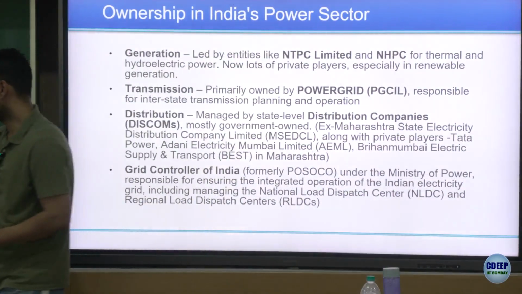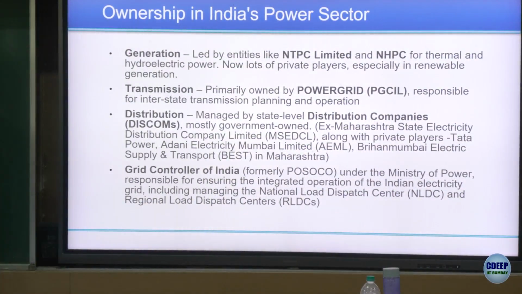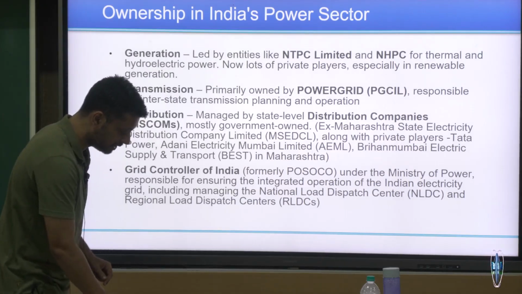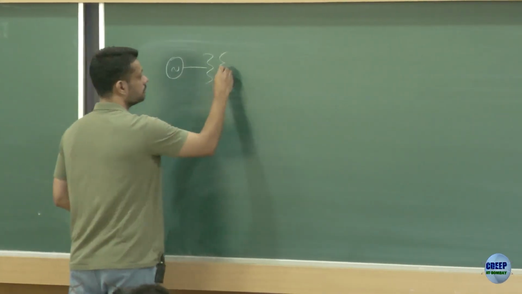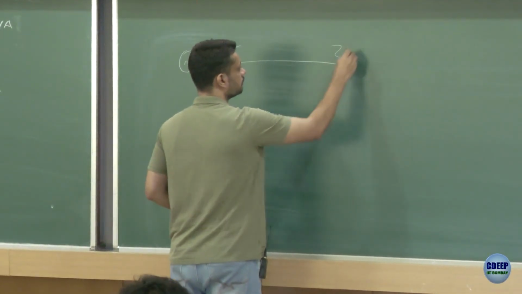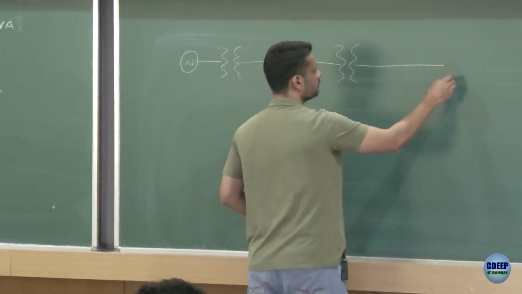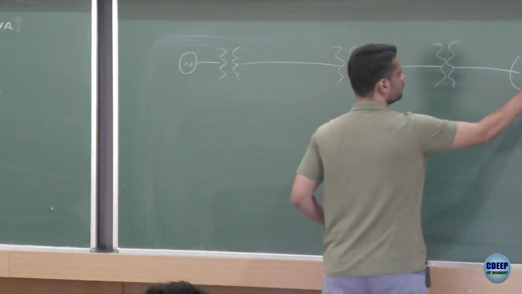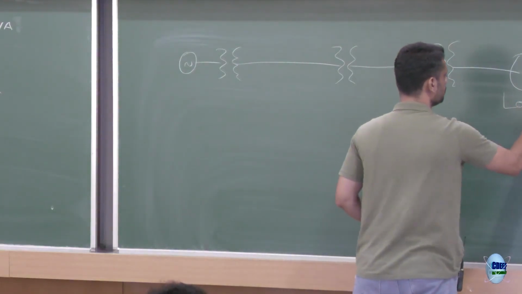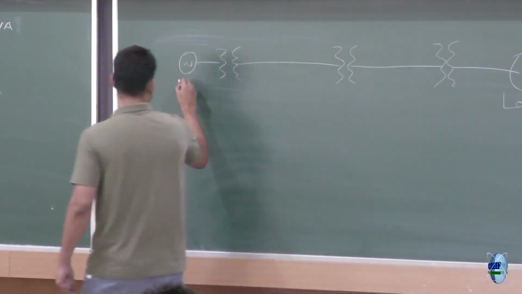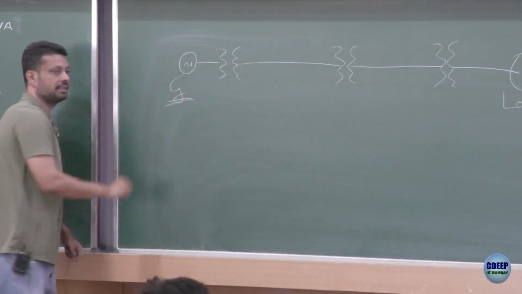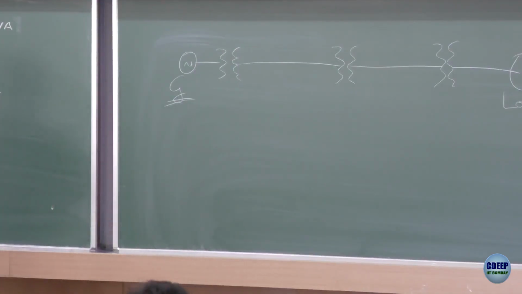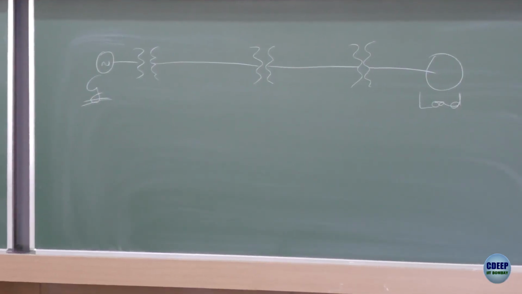Okay. The other thing is, what are the different voltage levels that exist in India? Usually all these big generators, if you have seen an NTPC power plant and so on, their capacity may be in hundreds of megawatts.